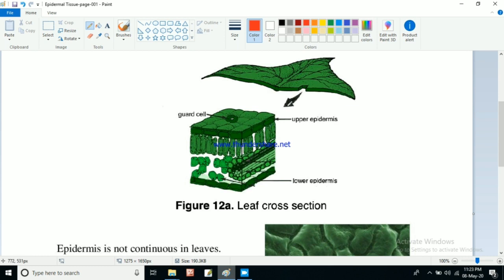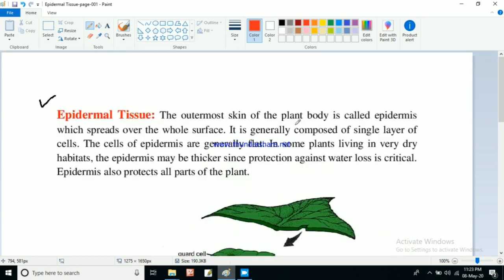So on the upper surface there is one epidermis and on the lower surface also, and in between are different tissues like xylem, phloem and so on. Upper epidermis or lower epidermis, they are composed of a single layer of cells, only one cell thick.